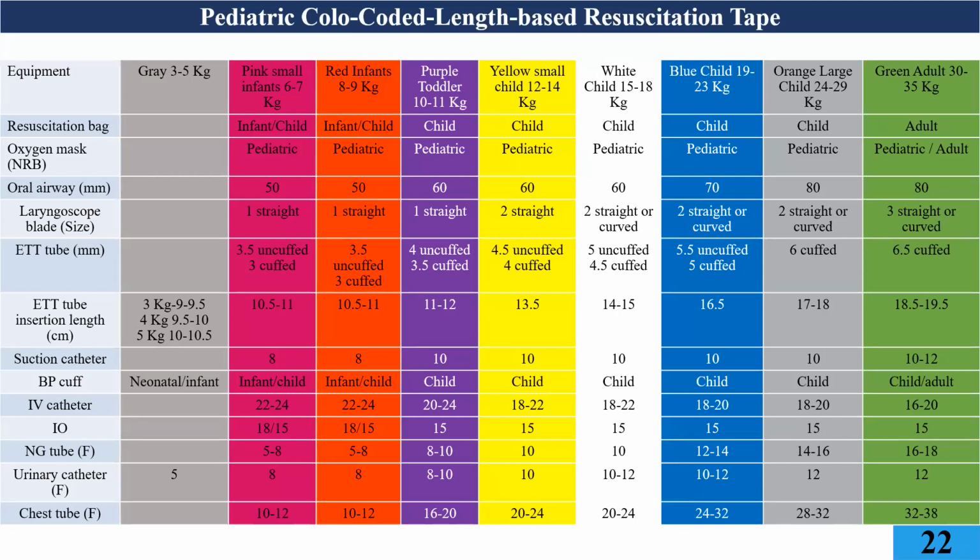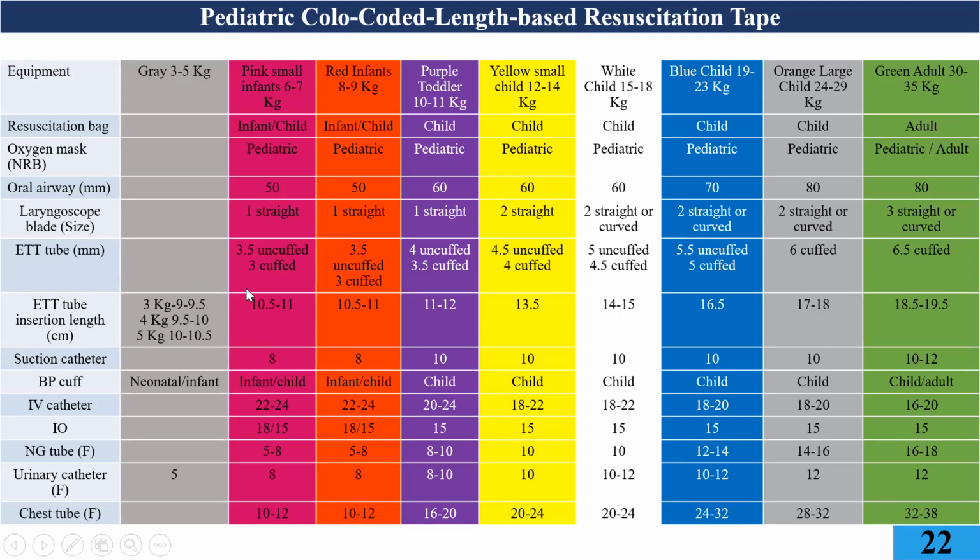This is the color-coded length-based resuscitation tape. Each nurse should have one, and I will print you one and show you, because this will give you the measurement of each and every equipment according to the weight, and it's color-coded. So it covers the resuscitation bag, oxygen mask, oral airway, and laryngoscope blade according to the weight, but this is not including newborn, by the way.